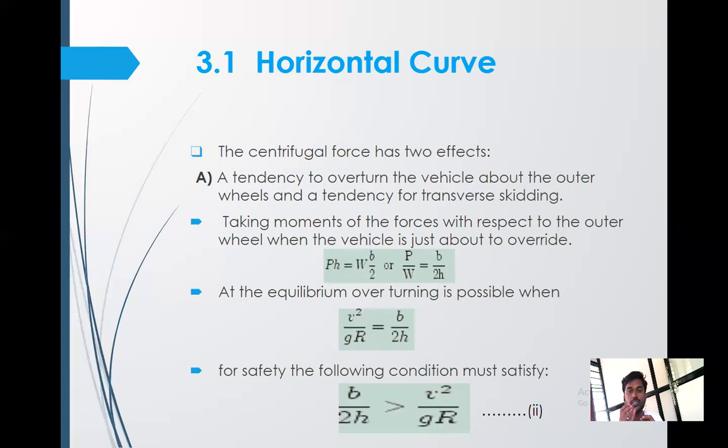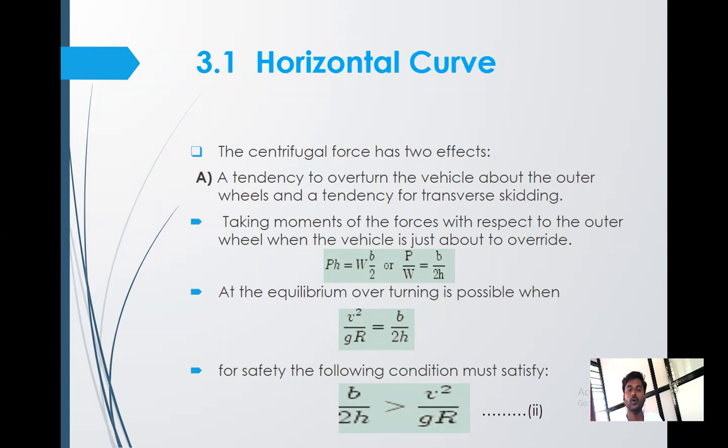Due to the centrifugal force, the vehicle may get overturned on the horizontal curve, or it may take transverse skidding. Taking the moment of the forces with respect to the outer wheel of the vehicle just about to overturn.